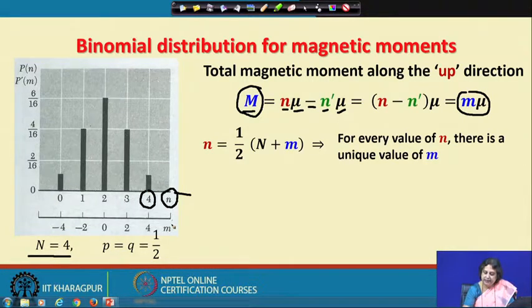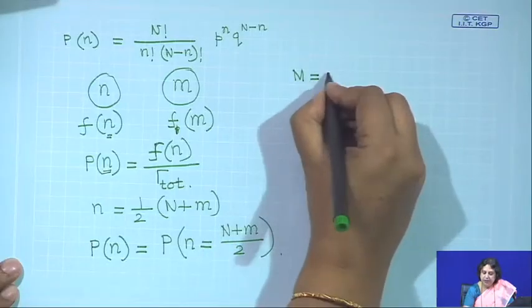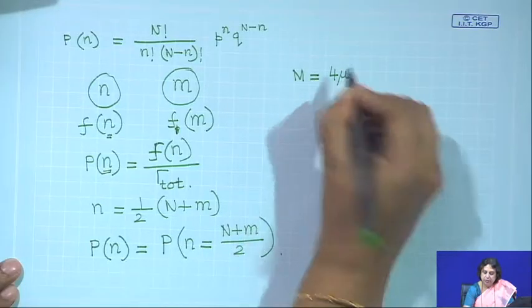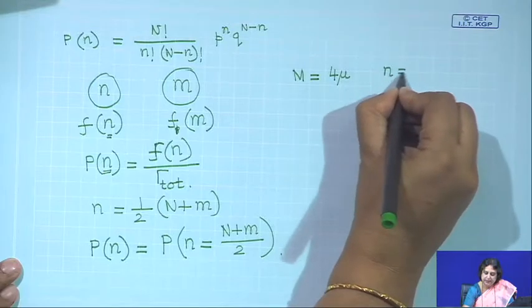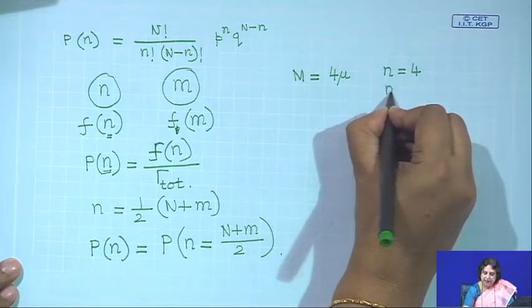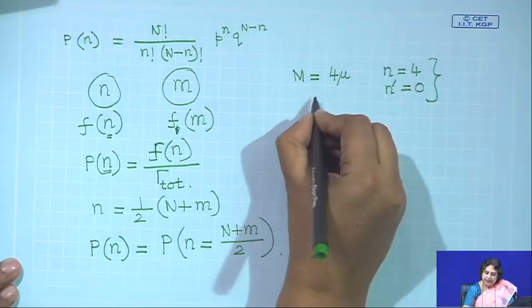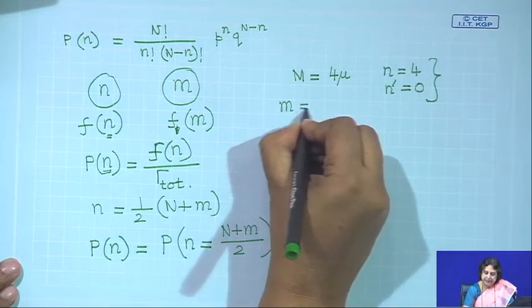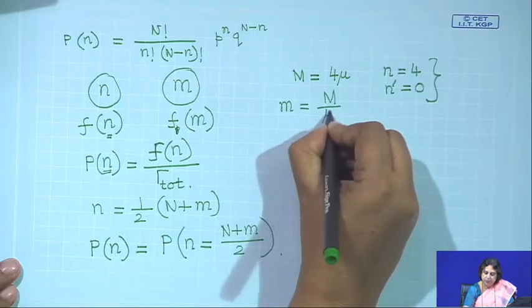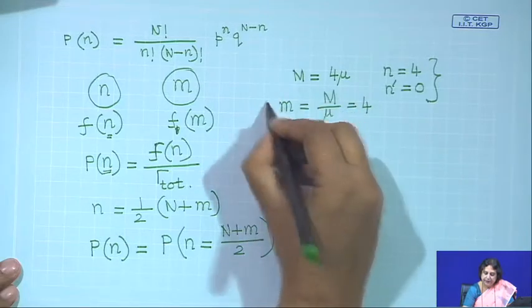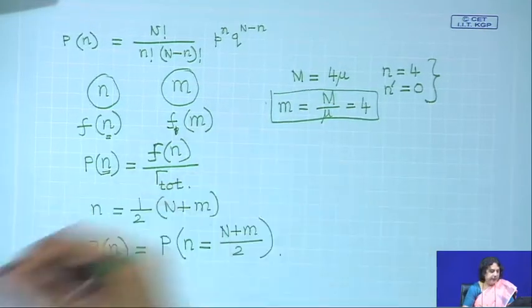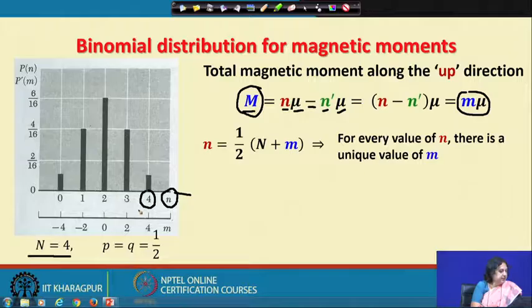I understand that capital M would be equal to 4 into mu, because in this case small n is equal to 4 and n prime is equal to 0, and therefore, m, that is equal to capital M by mu, that must be equal to 4. Okay. So, that is this point that we have marked.